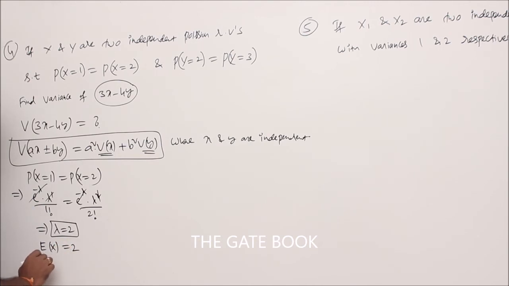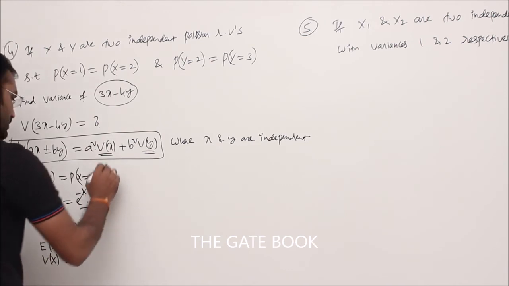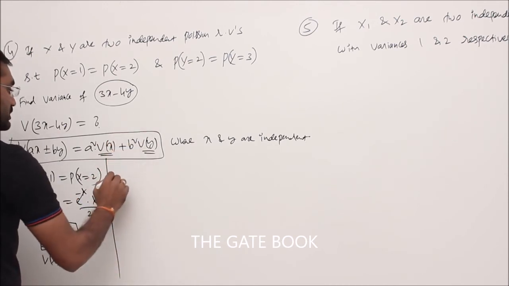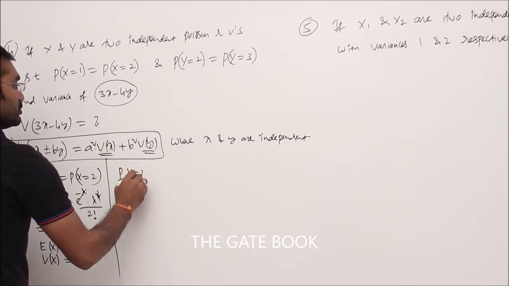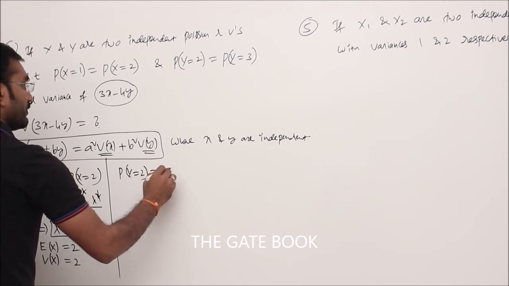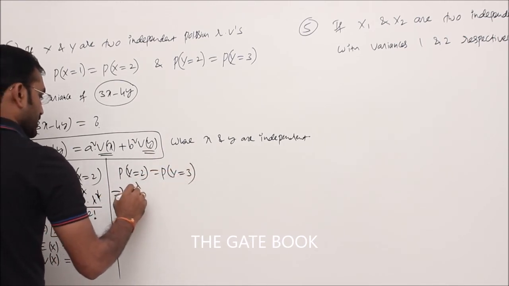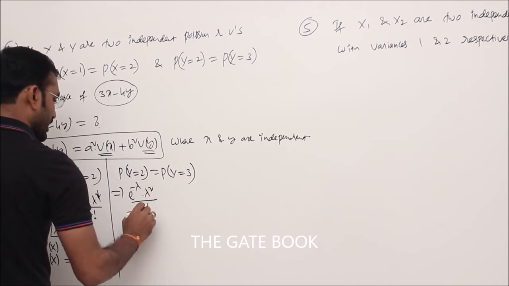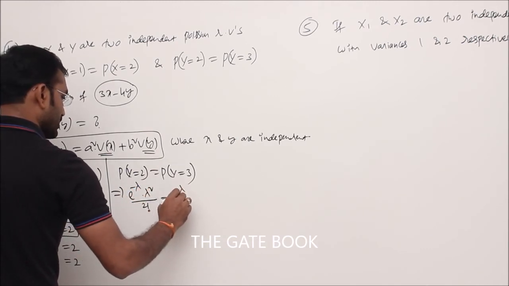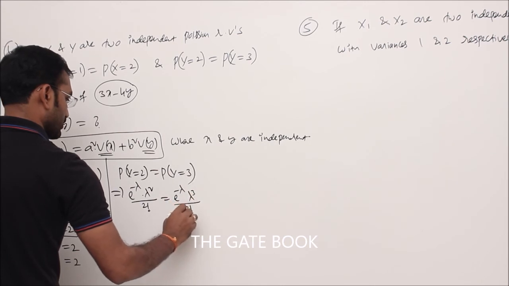What about variance of x? Variance of x is also 2, because in case of Poisson distribution, mean is equal to variance. So similarly, solving the second one, P of y is equal to 2 is equal to P of y is equal to 3. It implies e power minus lambda square by 2 factorial equals e power minus lambda cube by 3 factorial.